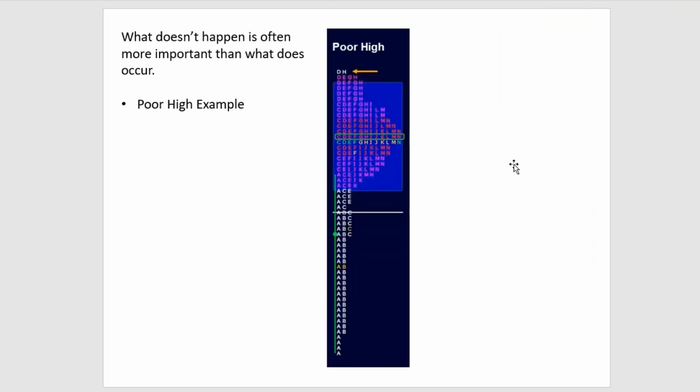Now, we talked earlier about what doesn't happen. If we only have 1 tick or no ticks, then we have a poor high or a poor low. So in this example, we have a poor high, and that tells us that there really wasn't any completion with that auction to the upside. Not uncommon for the market to come back and take that out.